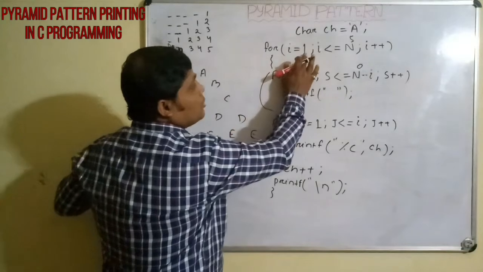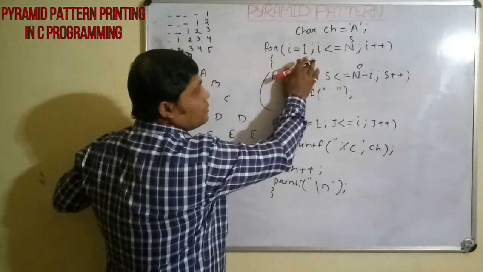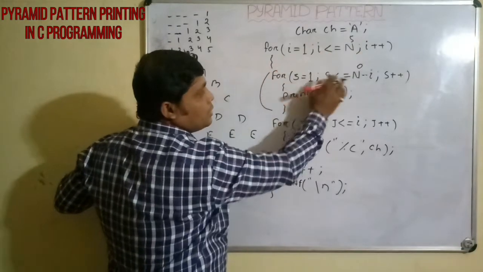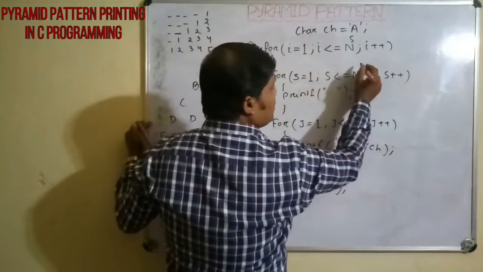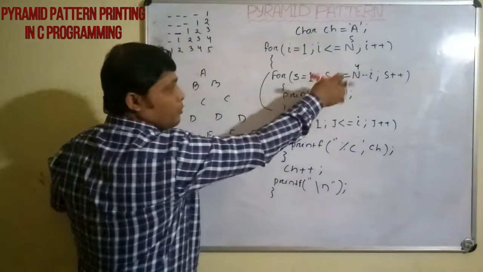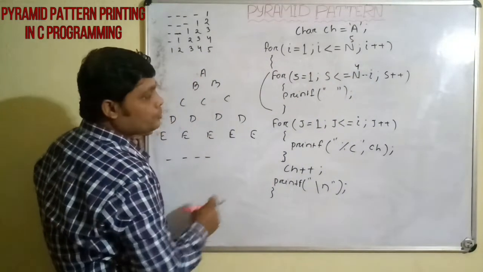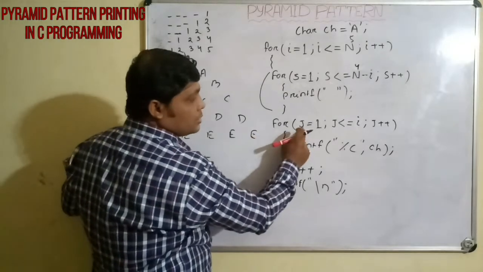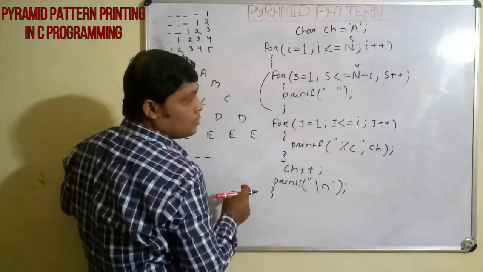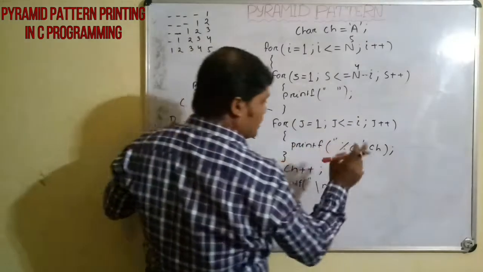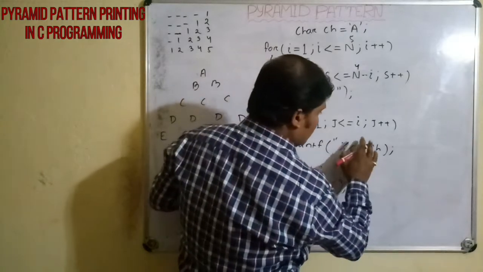Now see whether this is printing this structure or not. When I value is 1, less than equal to 5, yes, it will work for 5 minus 1, this is 4. So 4 spaces will be there, first time 4 spaces. Then j equal to 1, j less than equal to I. Same thing, just see.